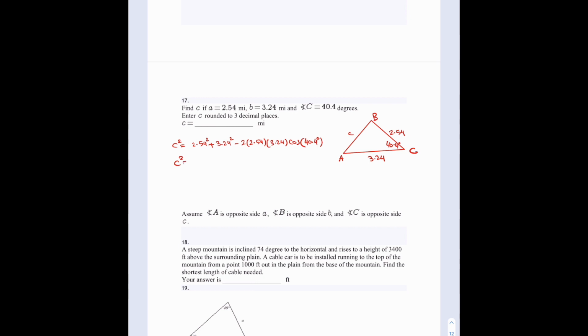I'm going to plug this into the calculator to get C squared, 4.42. And then C is the square root of 4.42. So I take the square root of the answer in my calculator, so I will get more accurate results. This is approximately 2.1.